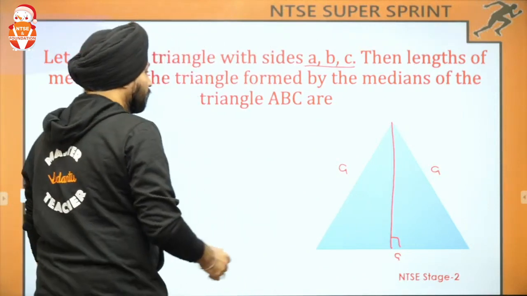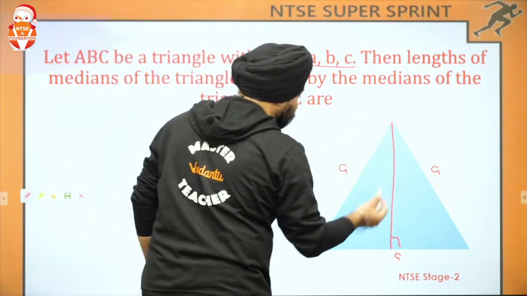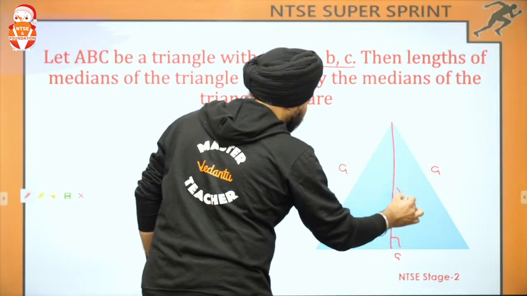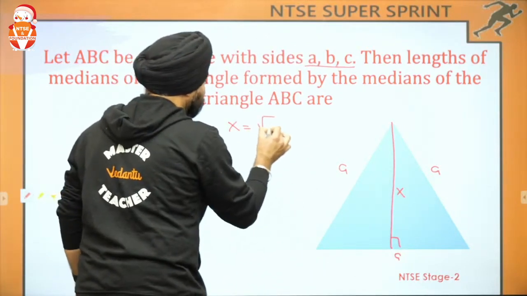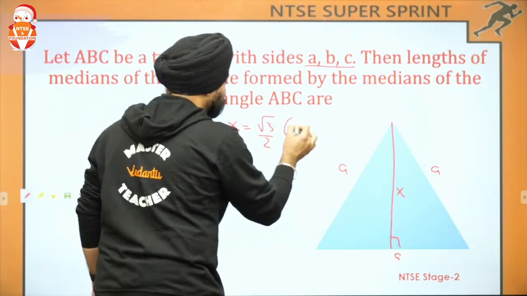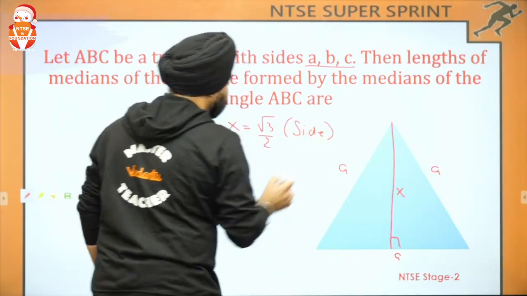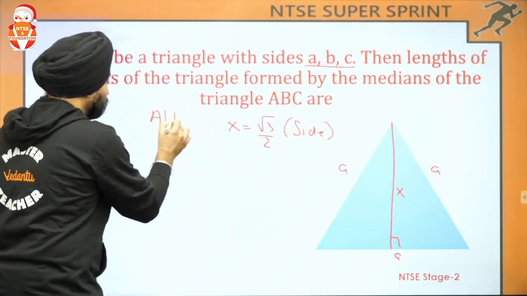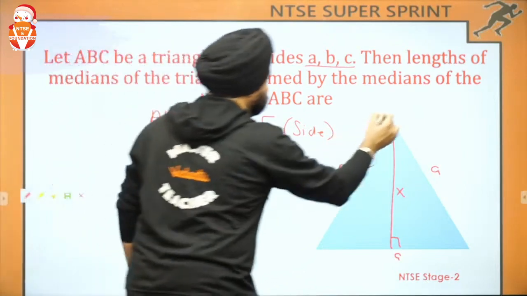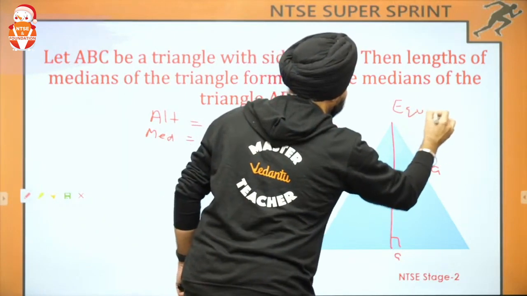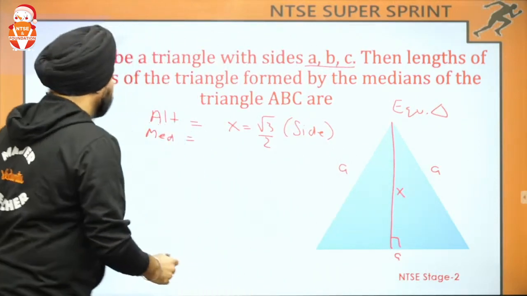So if I have to calculate the length of one of the medians, let's suppose I name it X. We all know that the length of the altitude is root 3 by 2 into side for an equilateral triangle.